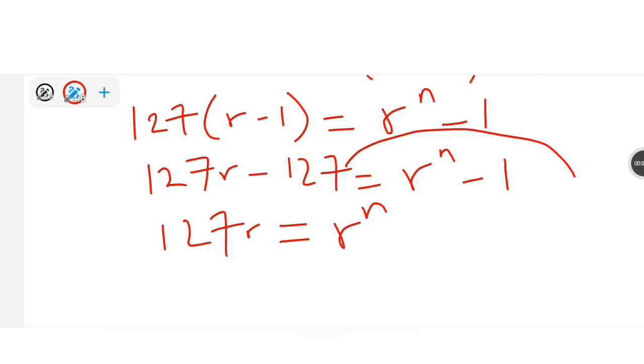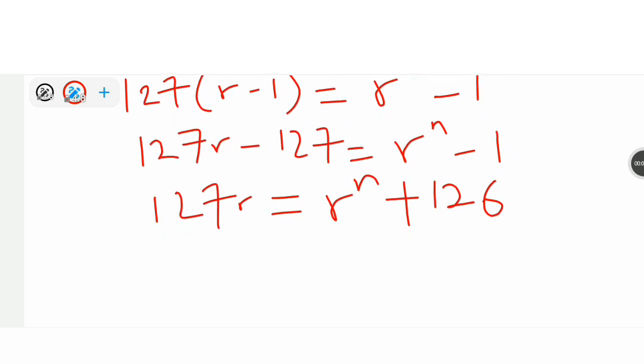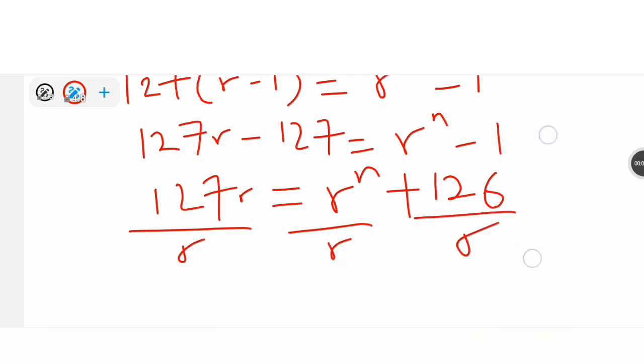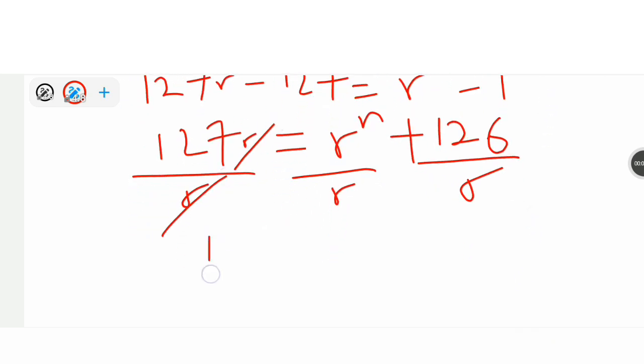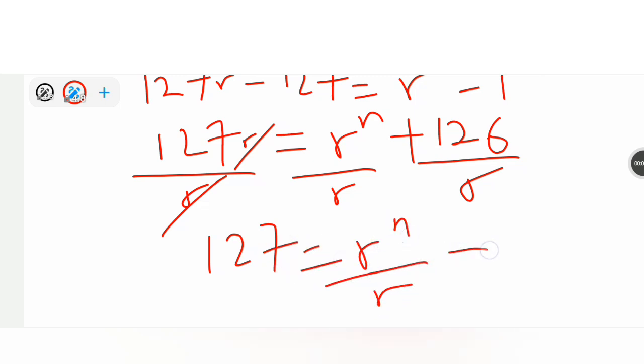If you add it to minus 1, you're going to get plus 126. Then divide all through by r. This one cancels out, and you have 127 equals r^n over r plus 126 over r.